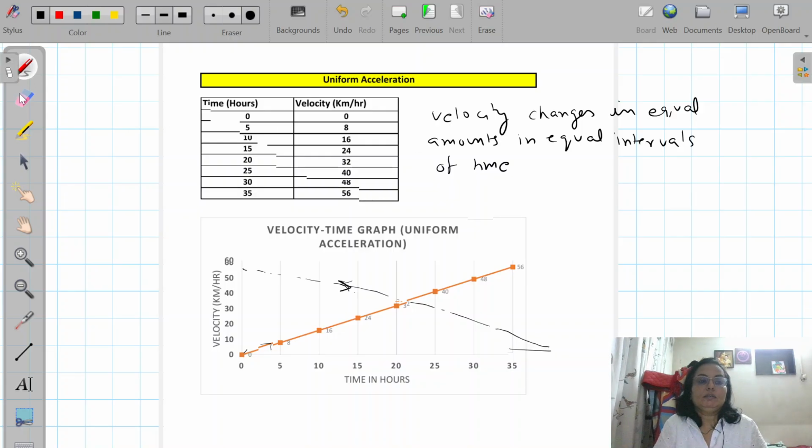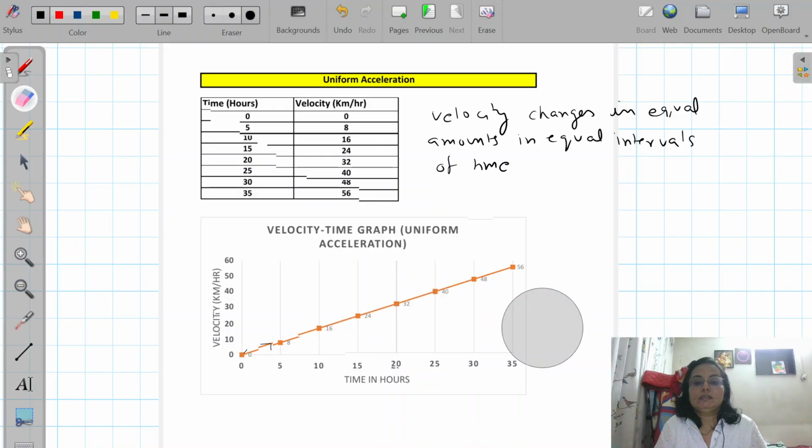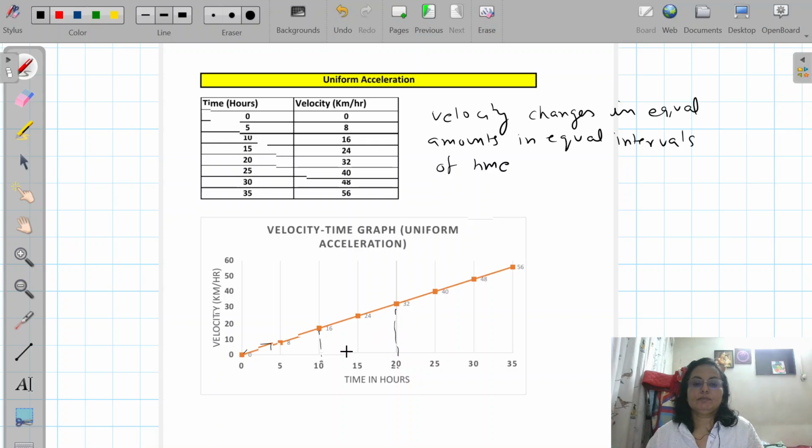So now what if we want to know the distance covered by this train from 10 to 20 hours?